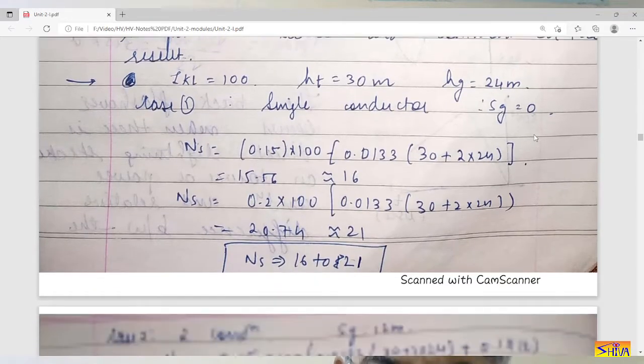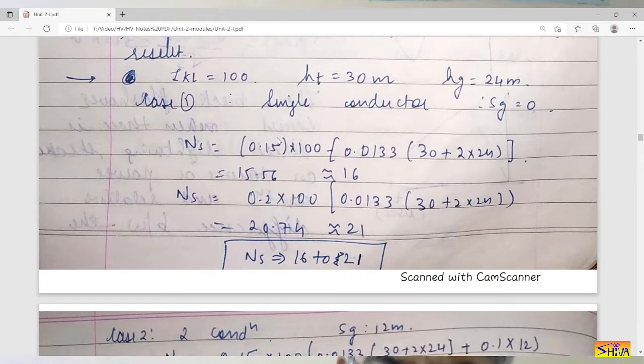So part A, NS. Now we have to compute separately with 0.15 and 0.2. So 0.15 into the isochronic level, in bracket 0.0133 in bracket, the height of the tower plus 2 times the height of the ground conductor at the mid span. It comes to 15.56. The number of lightning strokes cannot be a fraction, so we approximate this to 16.